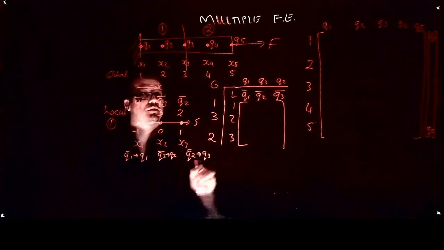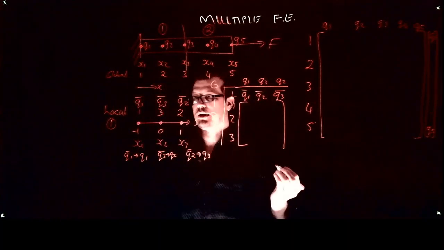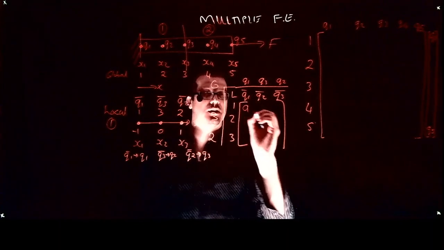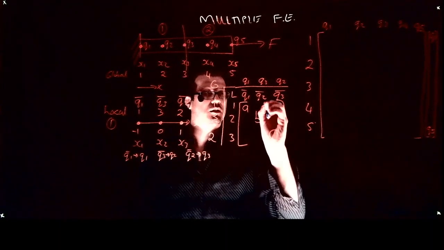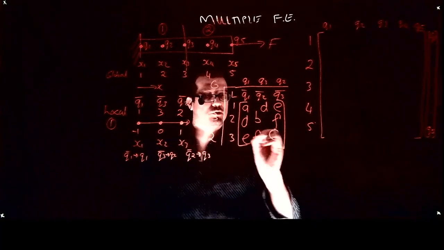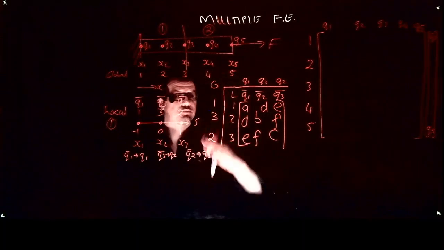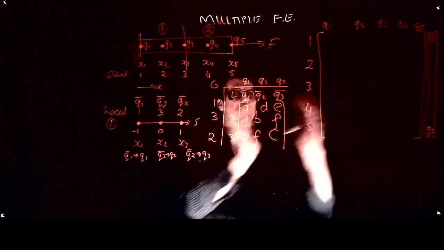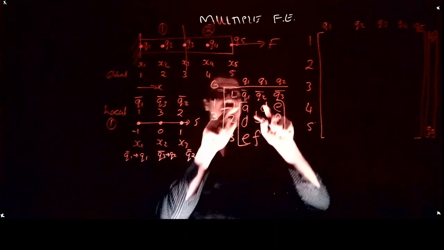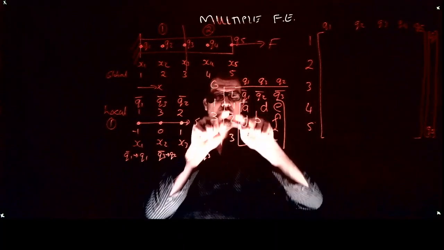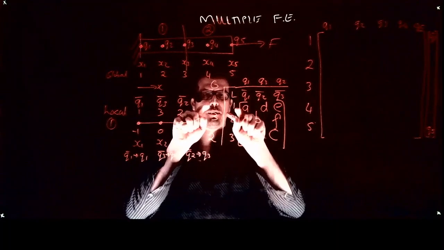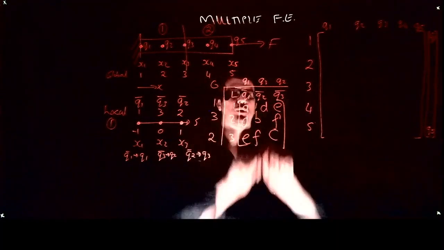The beauty of this is that if I compute this stiffness matrix, let's say this is A, B, C, D, E, F, and this will be D, this will be E, this will be F because of symmetry, this stiffness matrix needs to slot somewhere in here. I know the local numbering, and I know the mapping from local to global numbering with the variables as well.